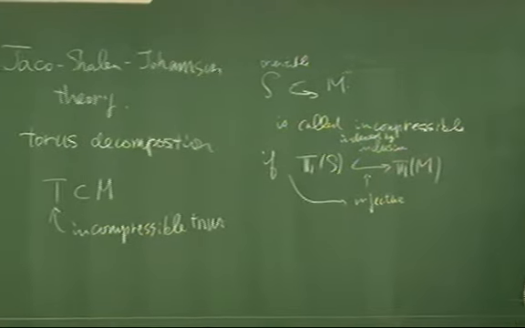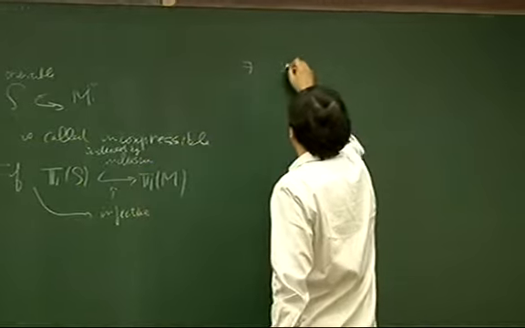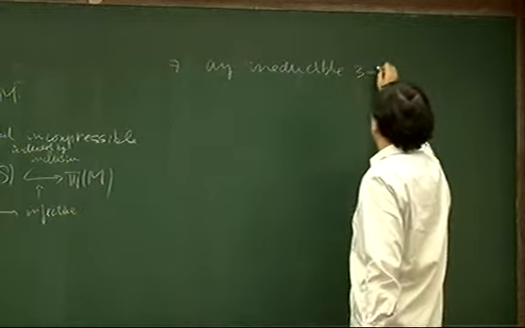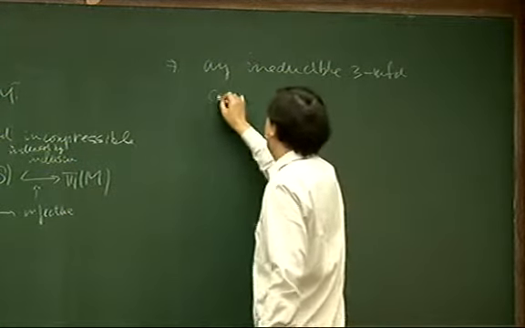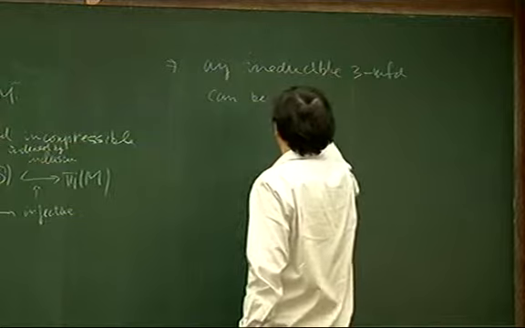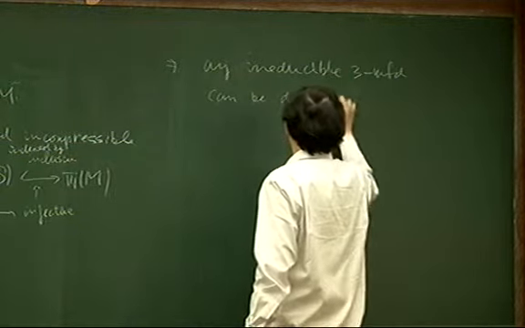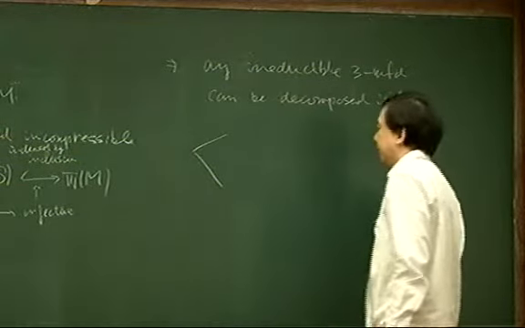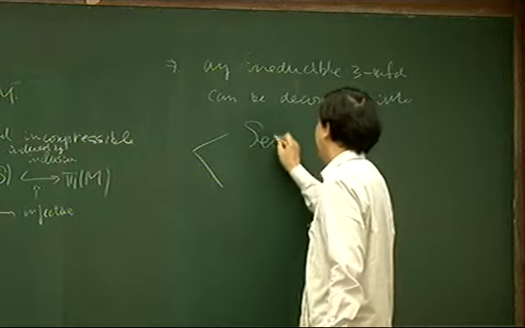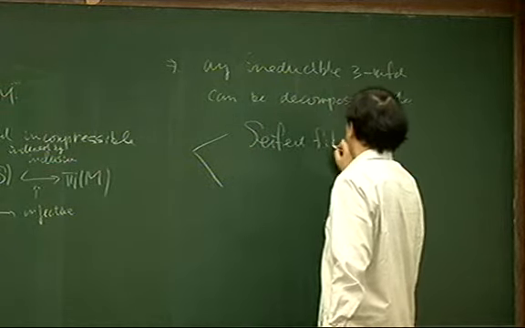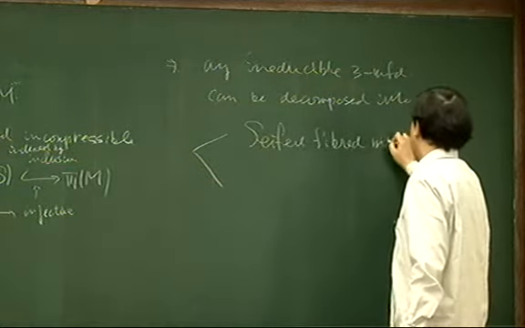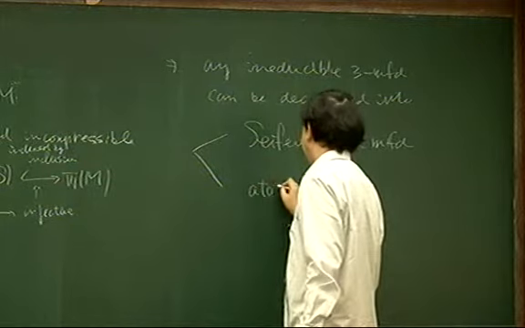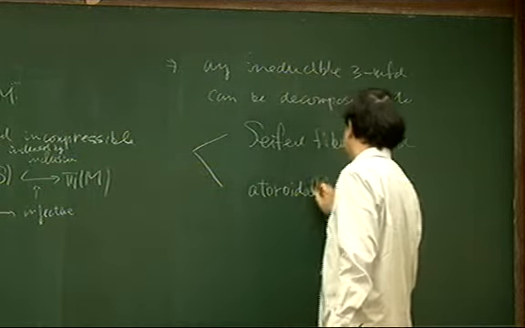So Jaco, Shalen, Johannson theory implies that any irreducible three-manifold can be decomposed into two types of three-manifolds. One is Seifert fibered manifold, and the other is something called toroidal manifold.